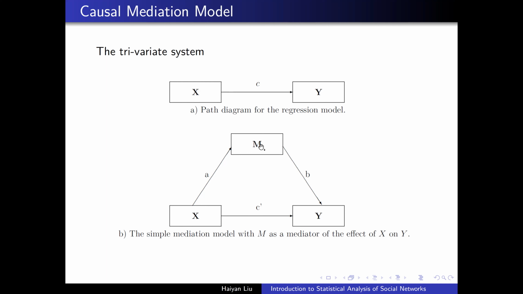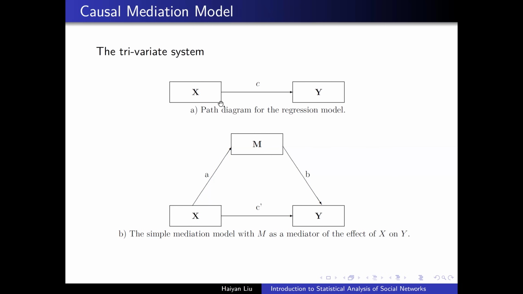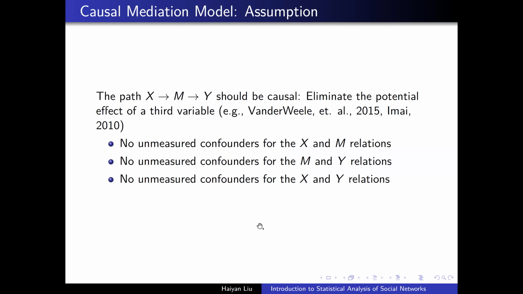Now, what assumption is needed in order to make the detected effect A times B a mediation effect? In order to make sure that the detected effect A times B is a mediation effect, or is causal, we need the path X to M to Y to be causal. Now, what does causal mean here?